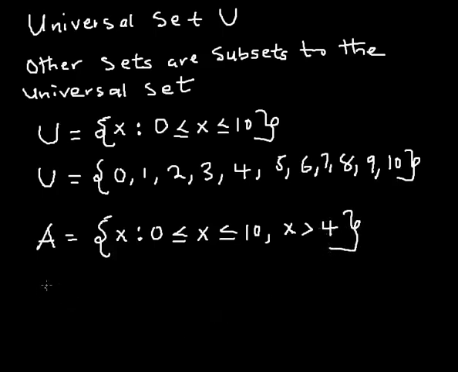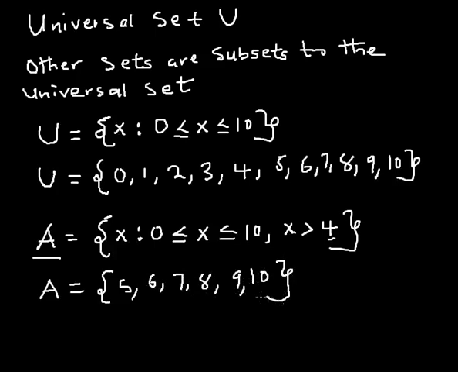So you discover that A is a subset of the universal set. Why? Because A will now start from 5. A will now be 5, 6, 7, 8, 9, then 10. So all other sets are actually subsets to the universal set. I hope that is well understood.